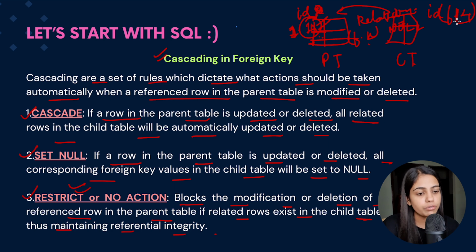It will not allow any kind of updation or deletion in this particular ID table, because it will somehow affect the ID which is present in the child table, where it is acting as a foreign key. So it will basically block the modification or deletion of the reference row in the parent table. It will just block the modification of the ID which is present in the reference table.